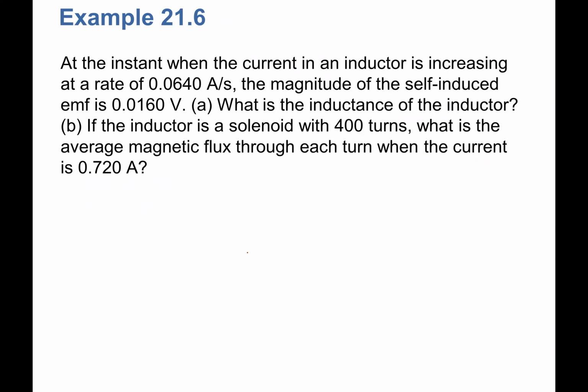All right, so let's look at this last example. At the instant when the current in an inductor is increasing at the rate of 0.064 amps per second, the magnitude of the self-induced EMF is 0.016 volts. So what we're given here is some kind of circuit, and this is generally how we represent inductance in the circuit, with L. We're not given the value of the inductance.